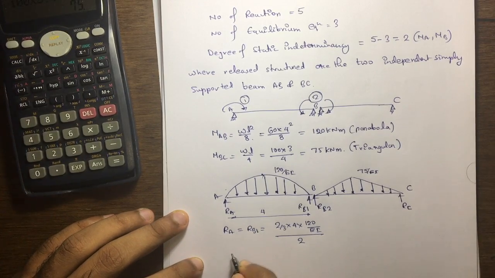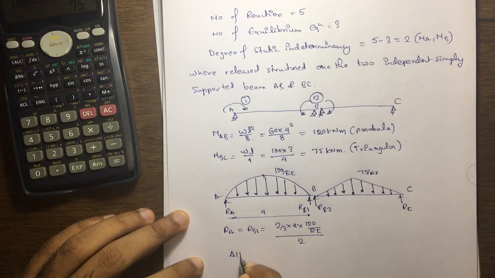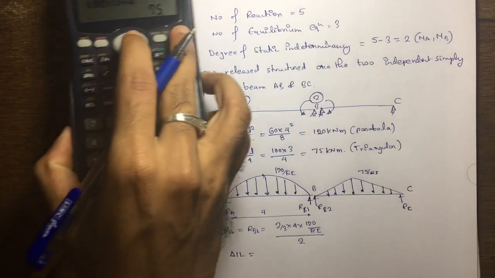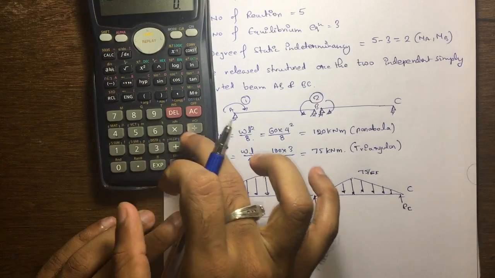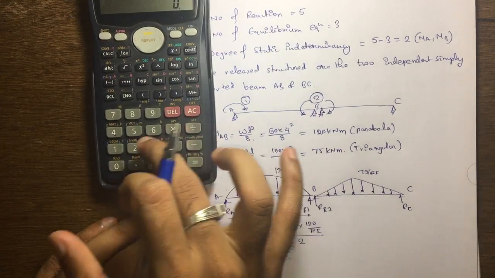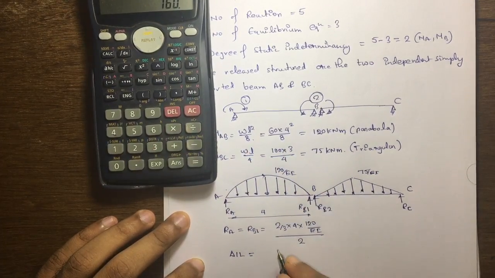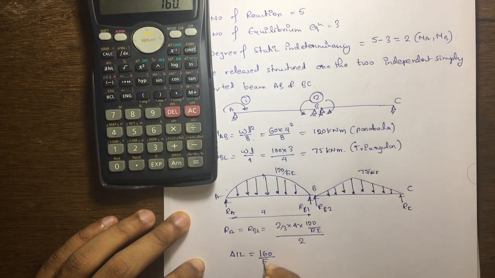So this is nothing but delta 1. If I do this calculation, 2 by 3 into 4 into 120 divided by 2, we will get 160 by EI.